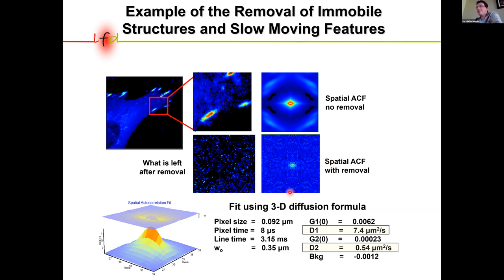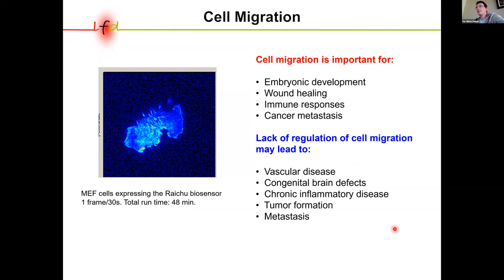Fitting this using the diffusion equation and entering the parameters, pixel size, pixel time, line time, and size of the point spread function that were used in this acquisition, we get that in this region there were 2 components for diffusion, one component diffusing at 7 micrometers squared per second, and another slower component at 0.5 micrometers squared per second.